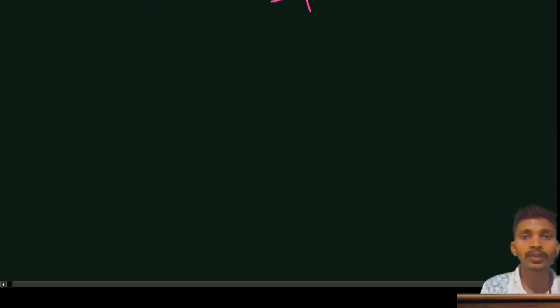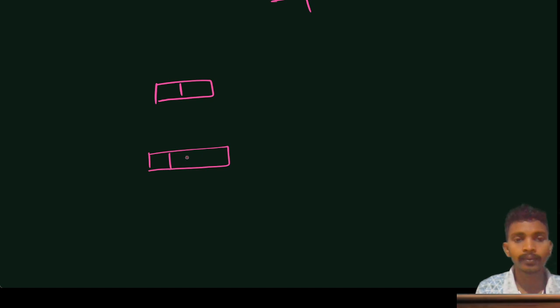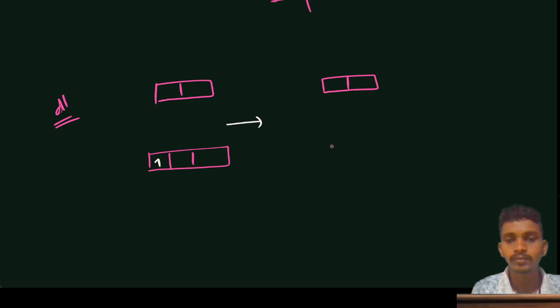The reason is, see, this is there for d1. One electron is there, so you are doing the transition.